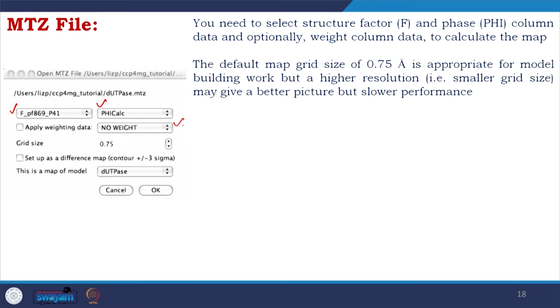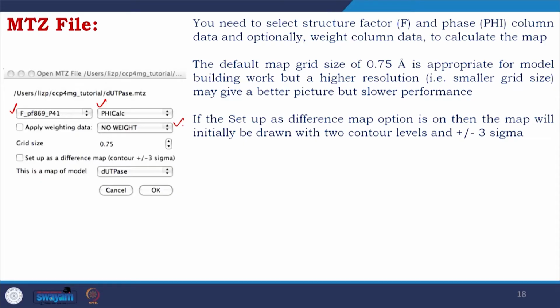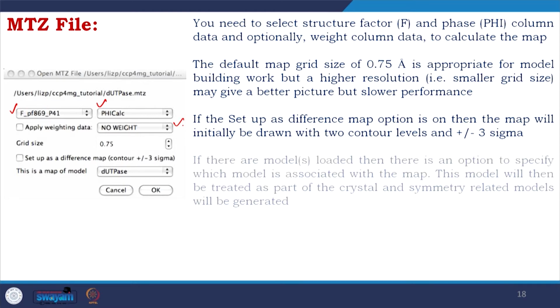The default map grid size of 0.75 angstrom is appropriate for model building work, but a higher resolution may give a better picture but slower performance, because more resolution means more calculation. If the set up as difference map option is on, then the map will initially be drawn with 2 contour levels, at plus and minus 3 sigma.